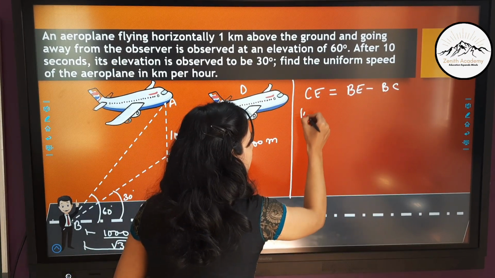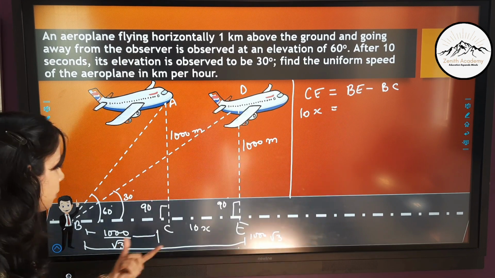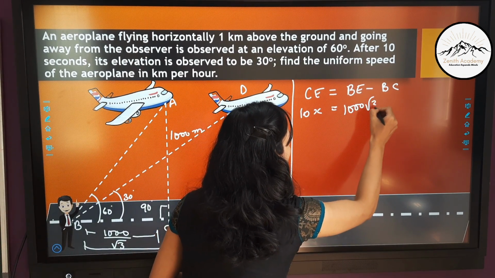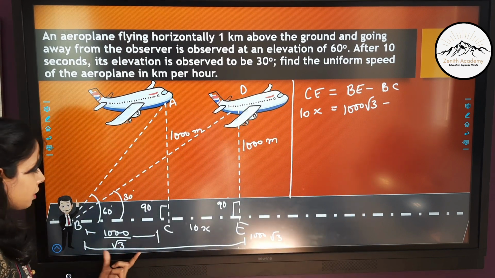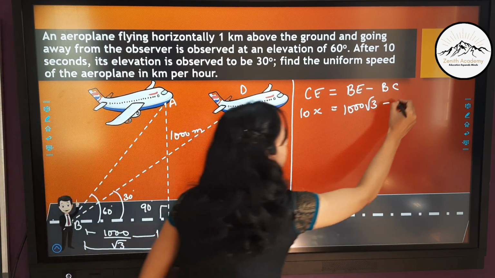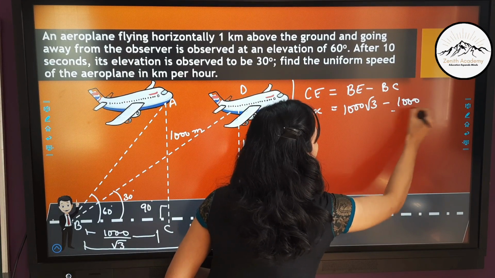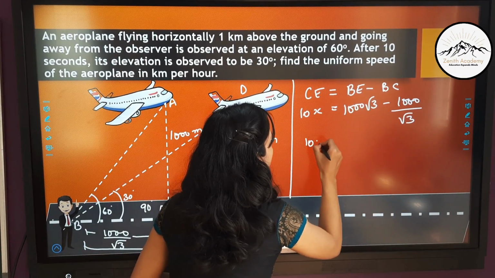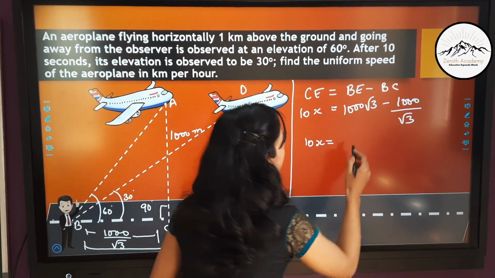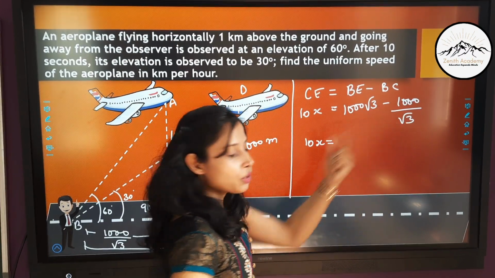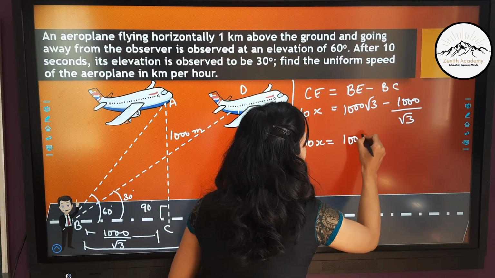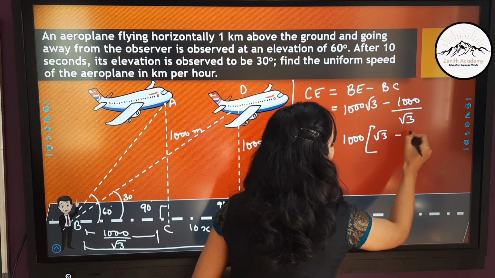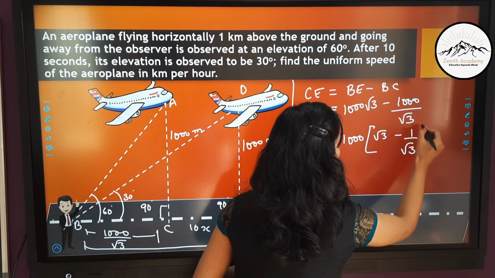So CE is 10x. BE whole is 1000 root 3, minus this BC we found out as 1000 upon root 3. So now 10x is equal to, let's take 1000 common here, solving will be easier, root 3 minus 1 by root 3.